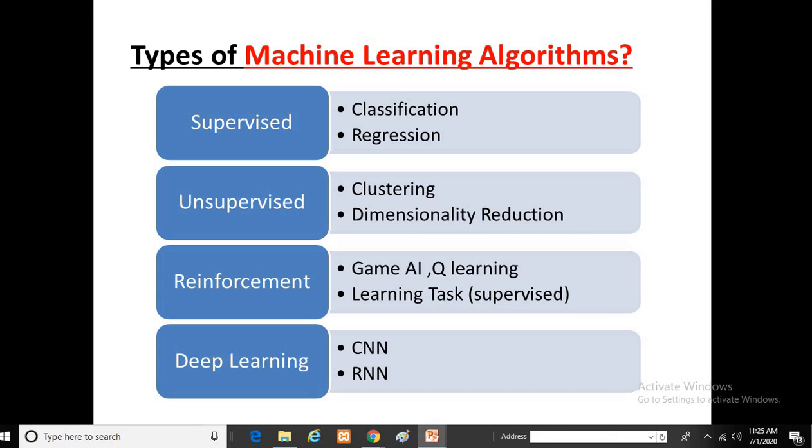So supervised is something which is pre-trained. We have some data which is pre-trained. We divide our data into training and testing. We use our training data to create a model, and after creating the model we test our data on that model. In supervised learning we just need to remember two things.